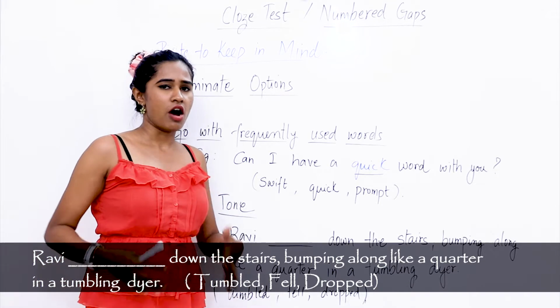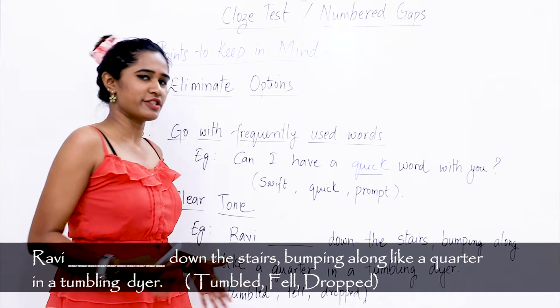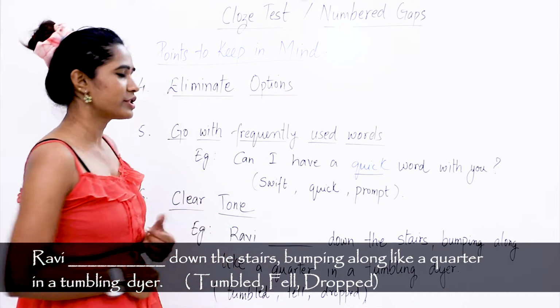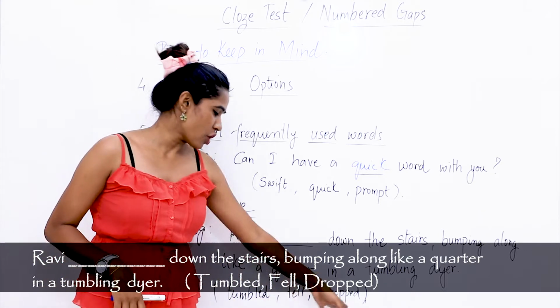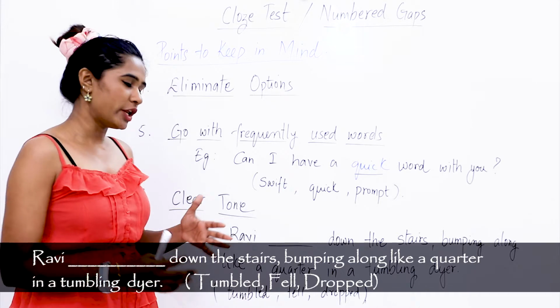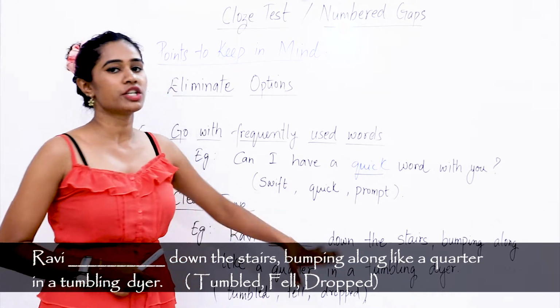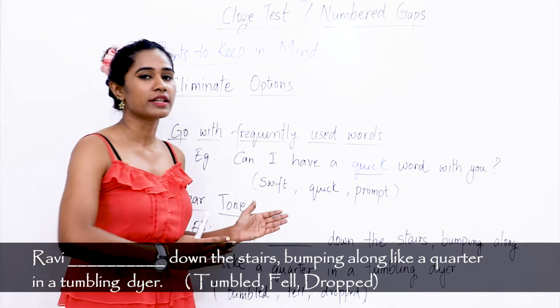Or I dropped off the stairs? Or do you say I tumbled down the stairs? The options almost mean the same, but when you look at it tone-wise, when you are narrating something, that is when you get the clarity.